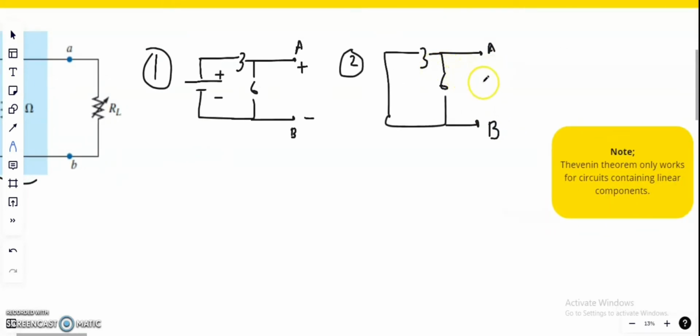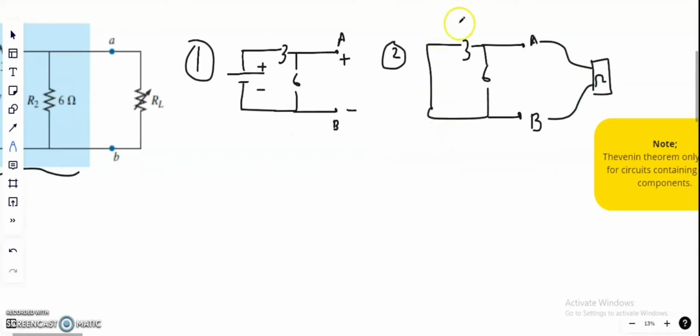Practically, to measure the resistance, we would connect an ohmmeter.